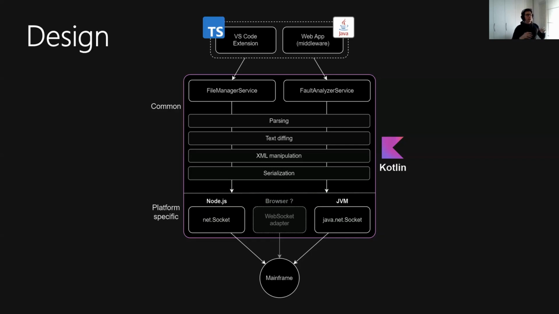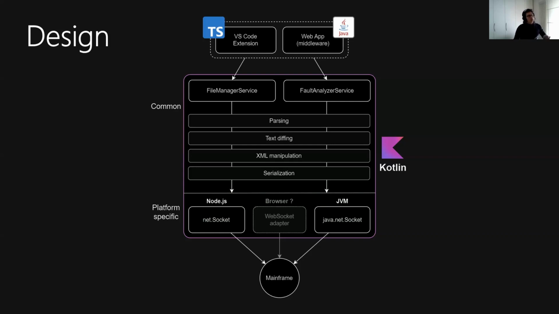So we expose a couple of services, one for file manager and one for fault analyzer, which act as our APIs. And those services internally handle all of the complexities that we highlighted before: parsing, text diffing, XML manipulation, serialization, and deserialization of byte streams.